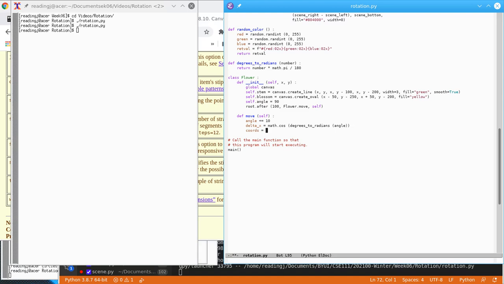This is going to be canvas.chords. So the function is named chords, my variable is named chords. Maybe that's not great, but self.stem.